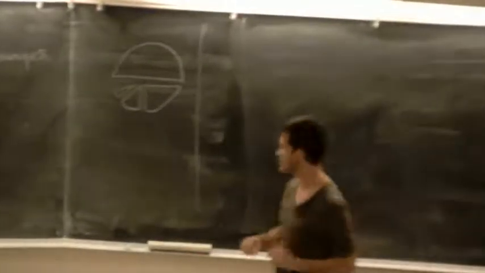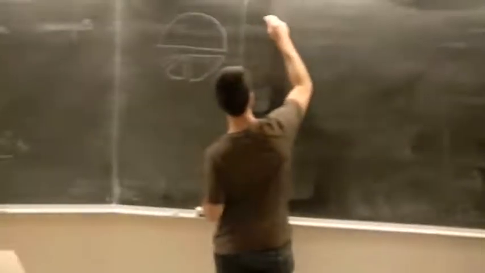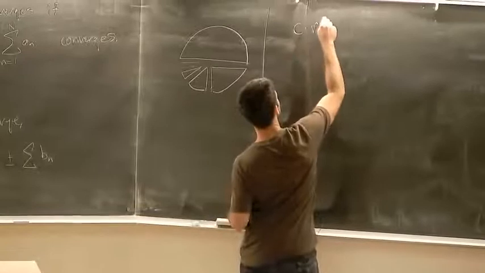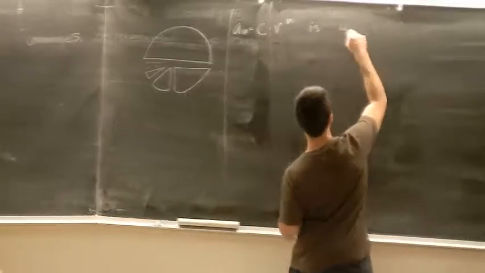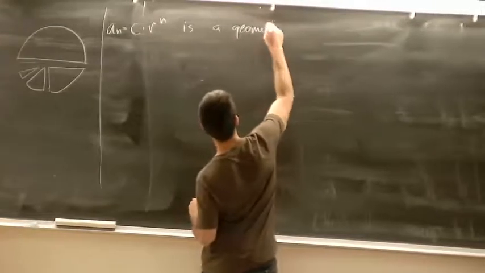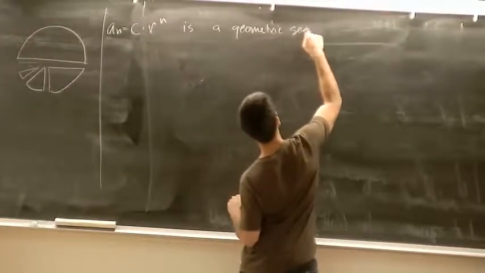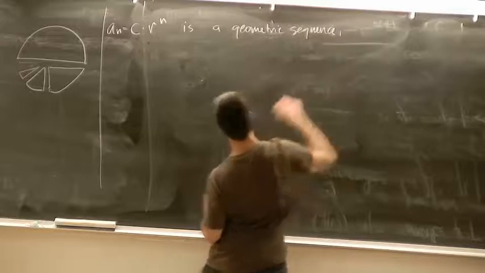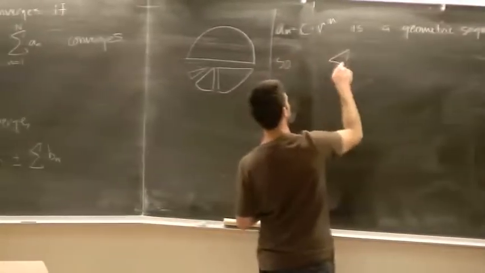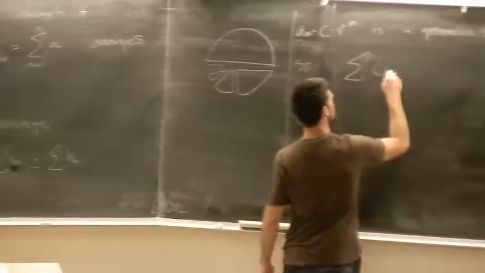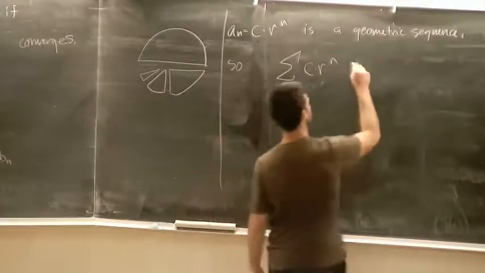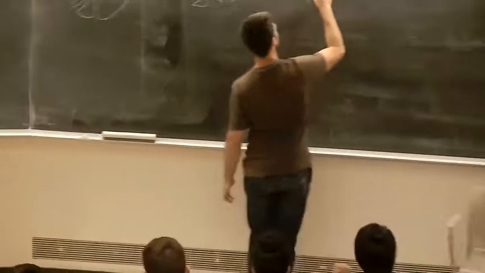To do that, I must define a geometric series. a_n equals C times r to the n is a geometric sequence. So if we add up the terms of a geometric sequence, C times r to the n, that is a geometric series.